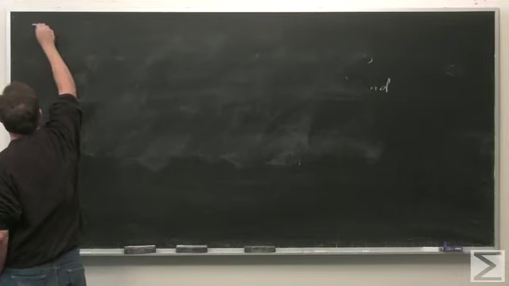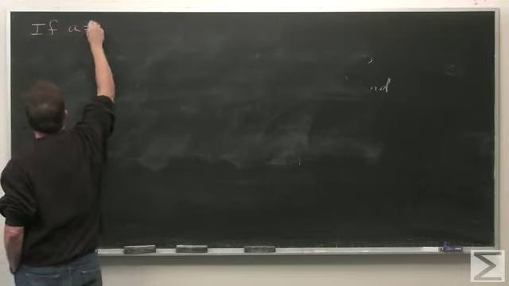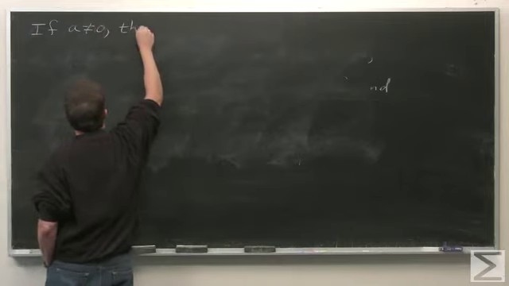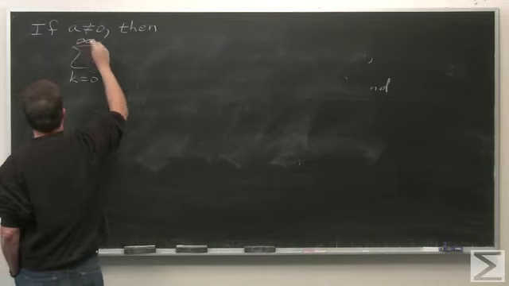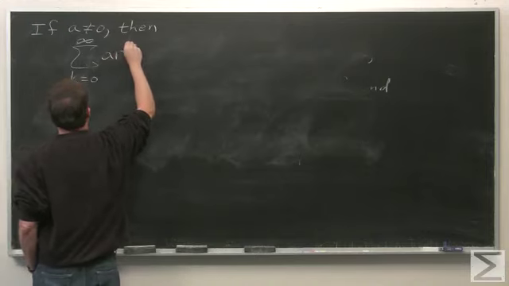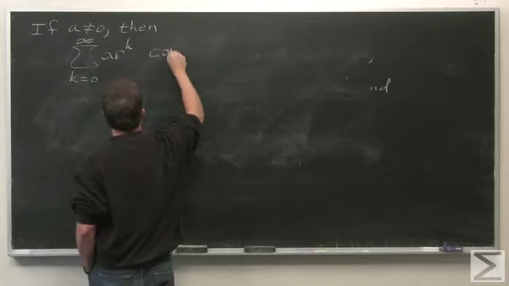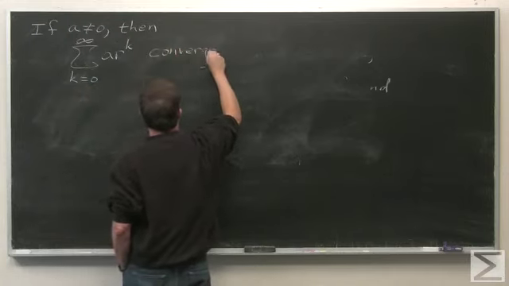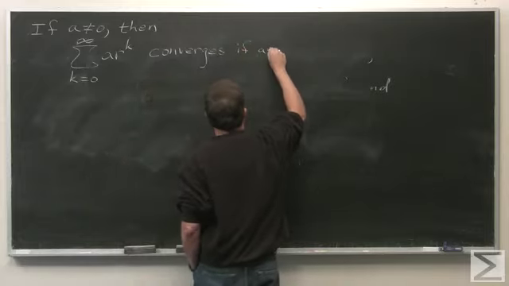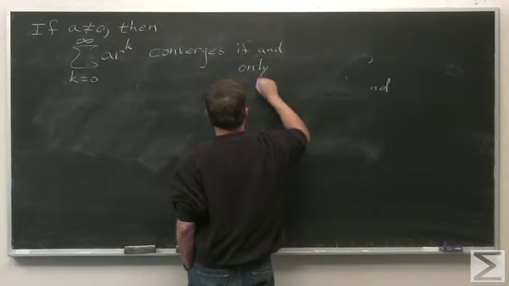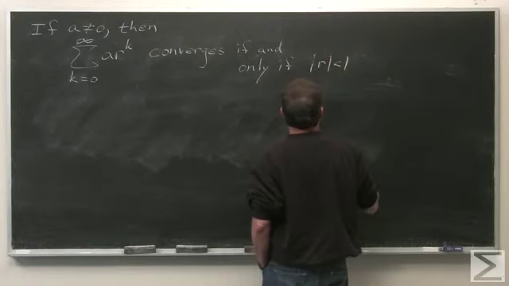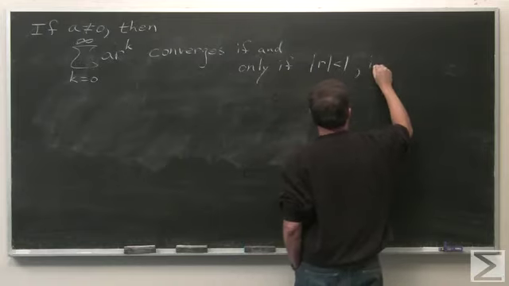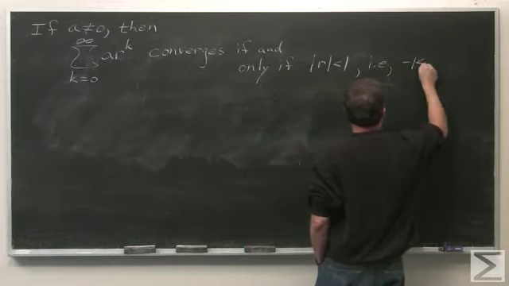But assuming a is unequal to 0, then the geometric series converges if and only if the absolute value of r is less than 1, i.e., if r is between -1 and 1.